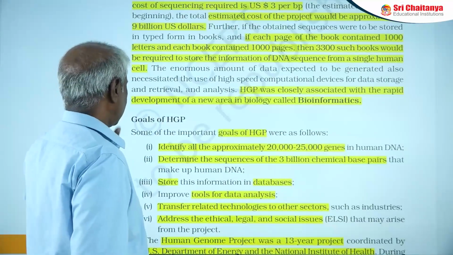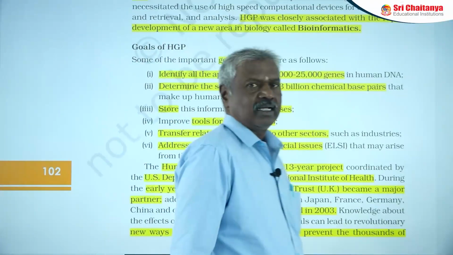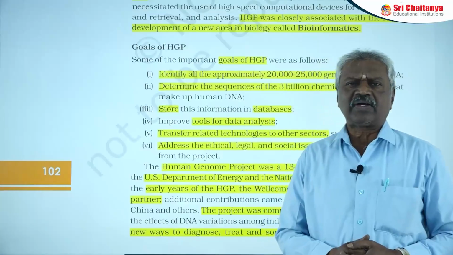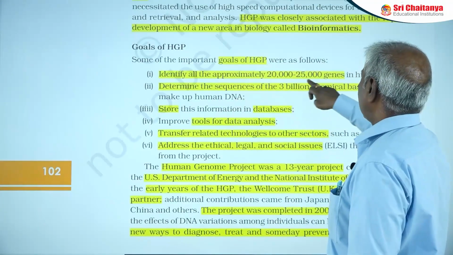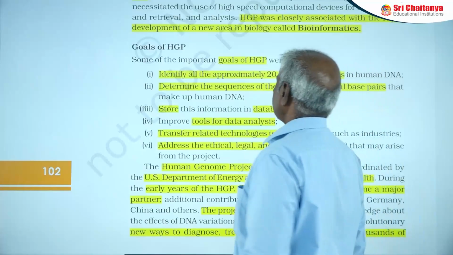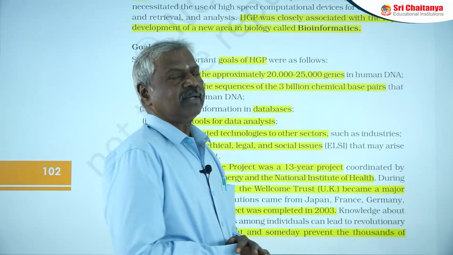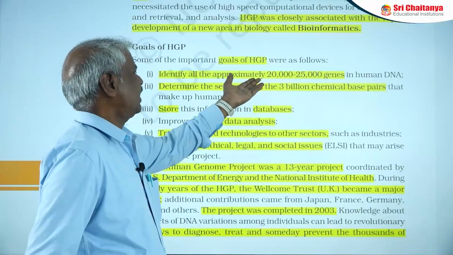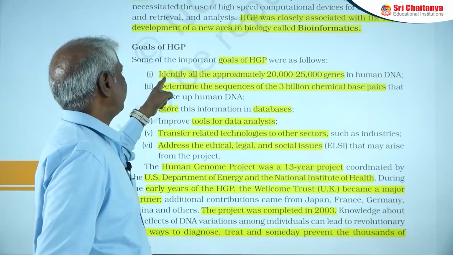Very important. Now the goals are given. See the goals here, very, very important. 6 goals are given. Simply they are asking which of the following is a goal of the Human Genome Project. First of all, identify all the approximately 20 to 25,000 genes in human DNA. The genes may be 20,000 minimum, 25,000 at most; we have to identify all.